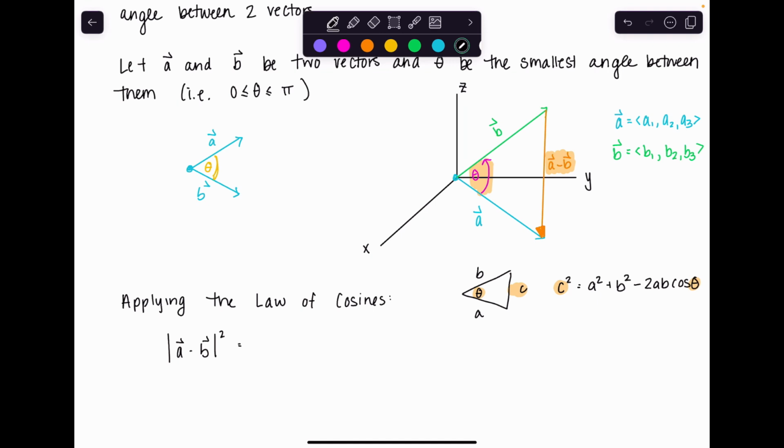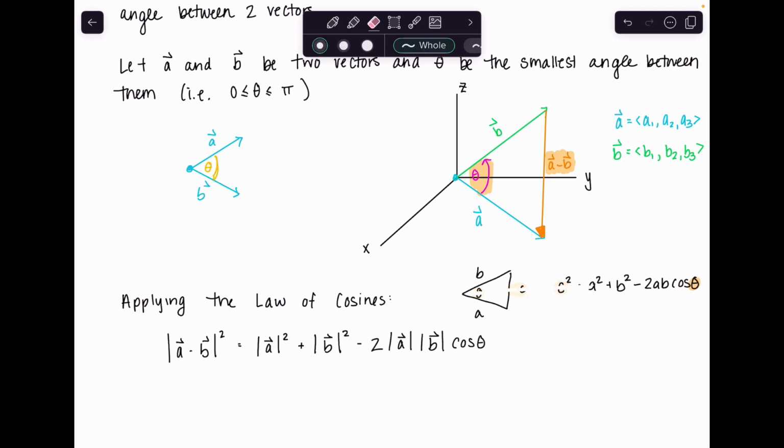And on the right-hand side, it's the magnitude of vector a squared, plus the magnitude of vector b squared, and then minus 2 times the magnitudes of these vectors, times cosine of theta. And theta is exactly the angle between A and B.